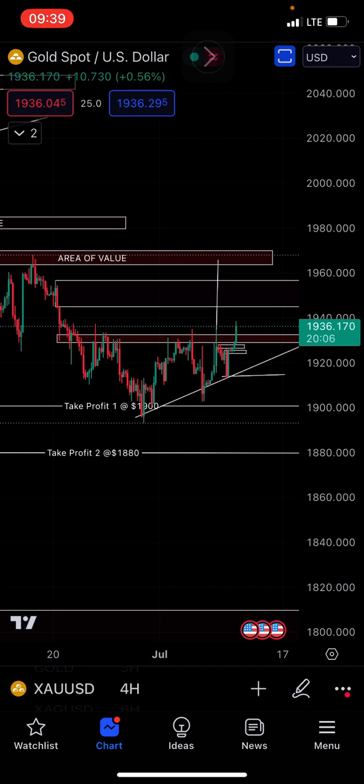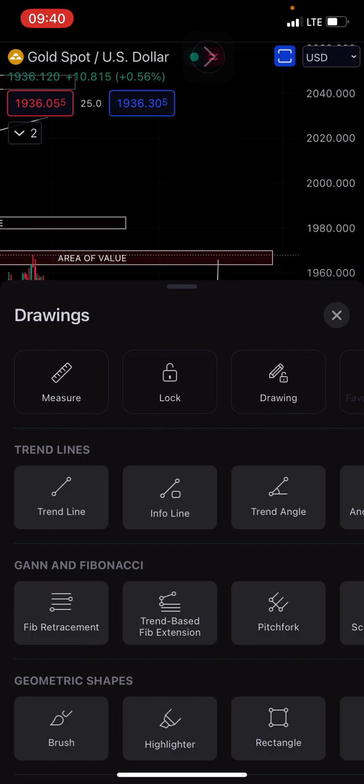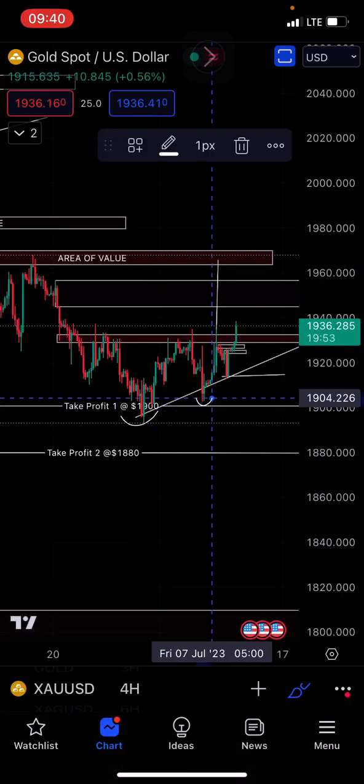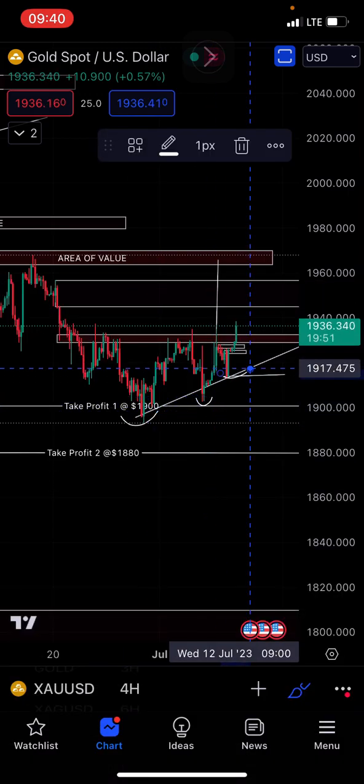So a change of character has given us, number one, internal market structure and price action pattern. What's it called? W pattern, or your ascending triangle, where the market is not breaking below anymore. Are you getting it? We are not breaking below anymore. That's another confirmation of a switch to the upside.